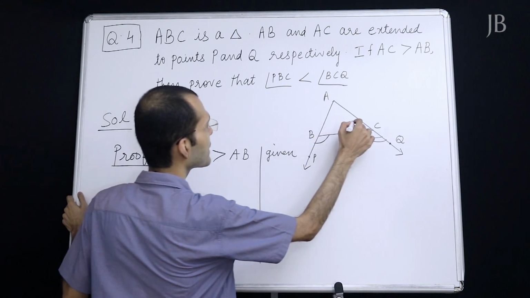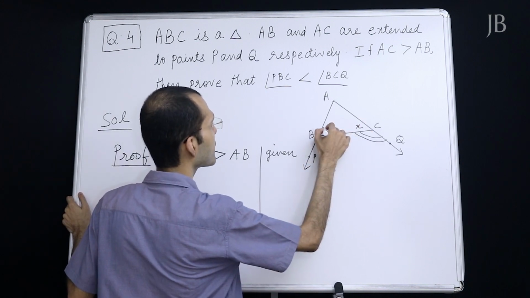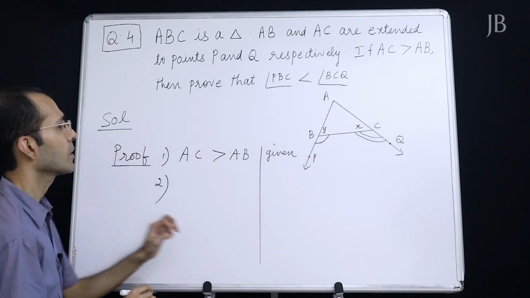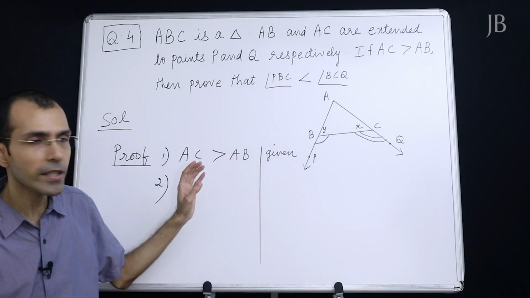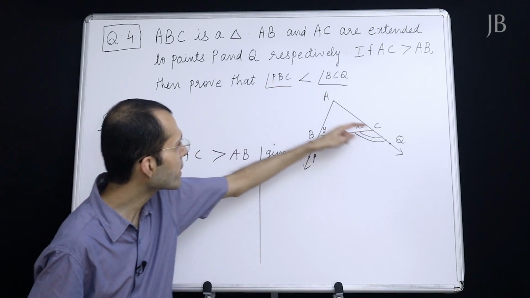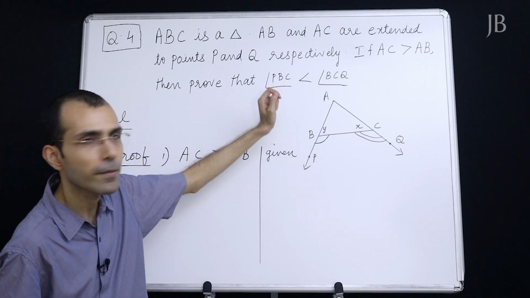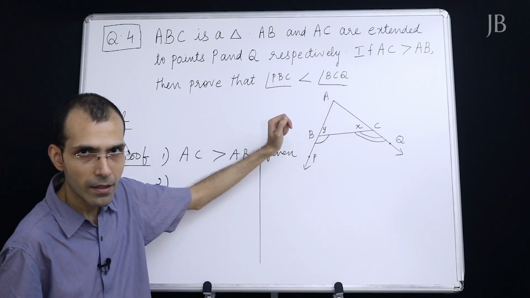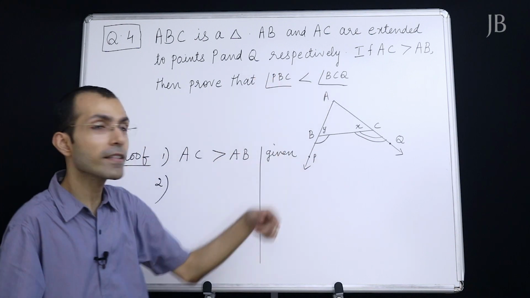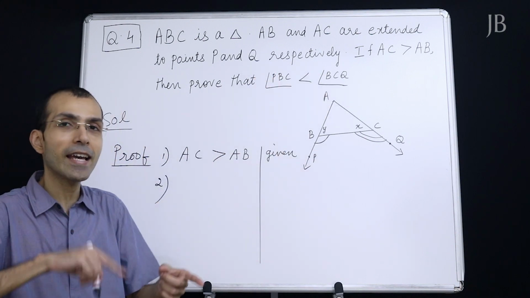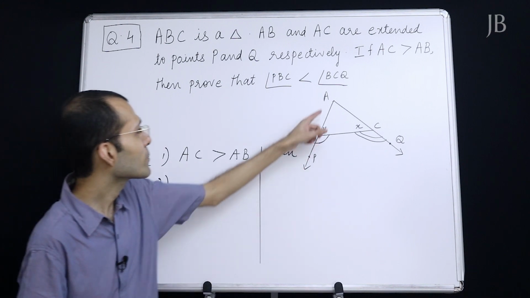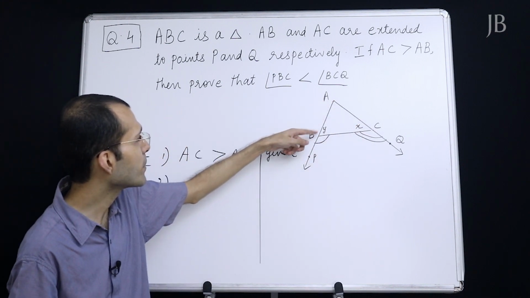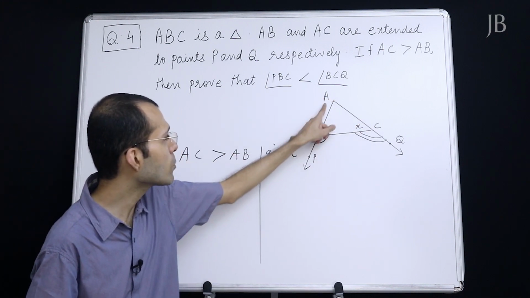So let this angle be say X and this angle be Y. It is very clearly mentioned that AC is greater than AB. If AC is greater than AB, then the angle opposite to AC also will be greater than the angle opposite to AB. So which is the angle opposite to AC?